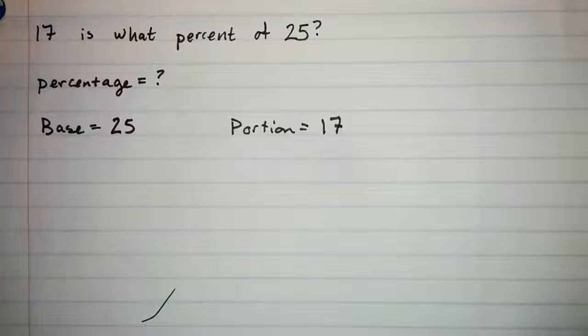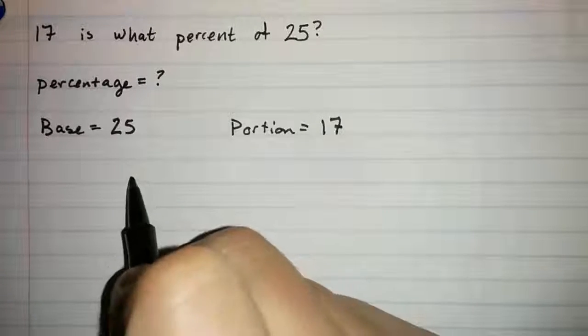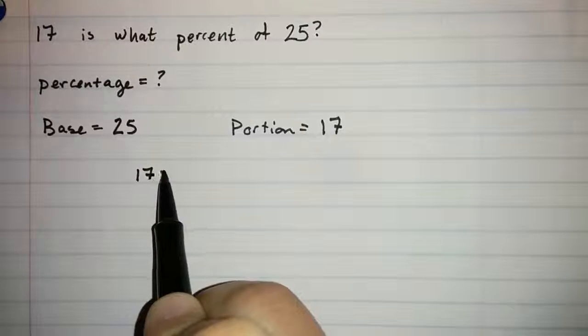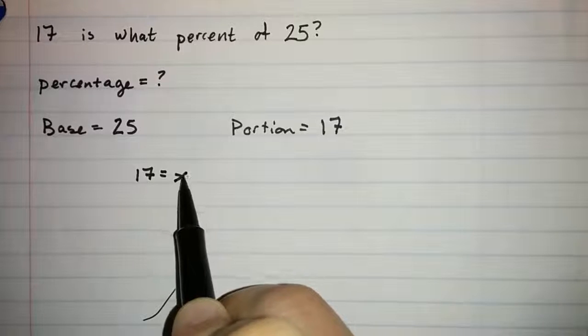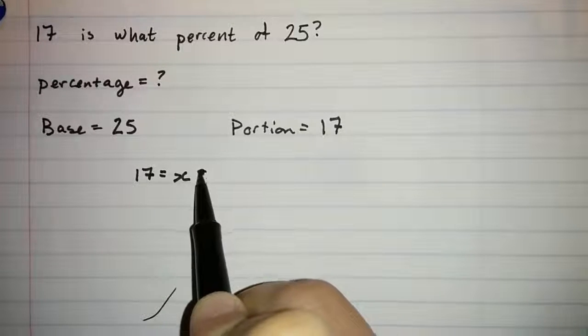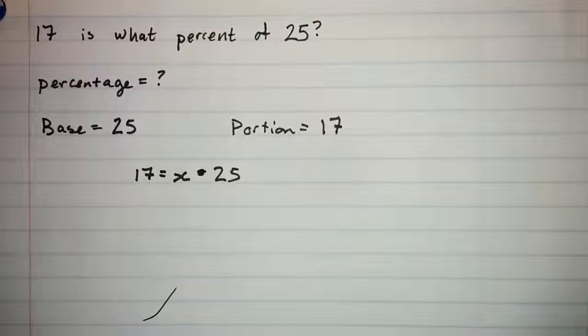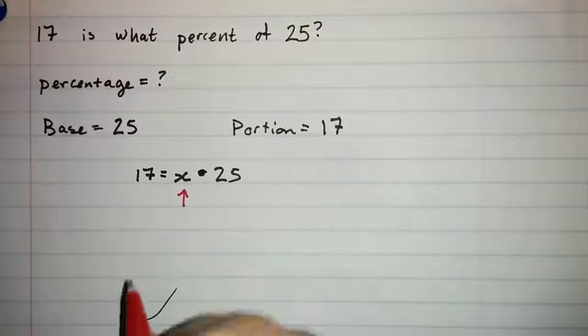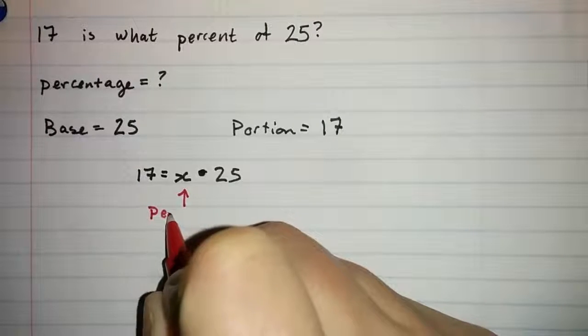So setting up our percent equation, we'll say 17 is some unknown times 25. But remember that this x is going to give our percentage.